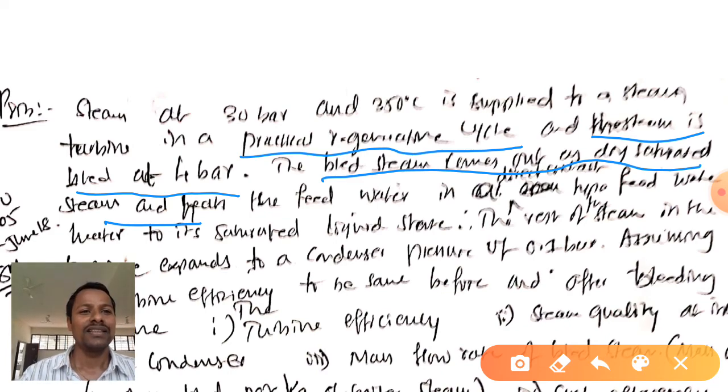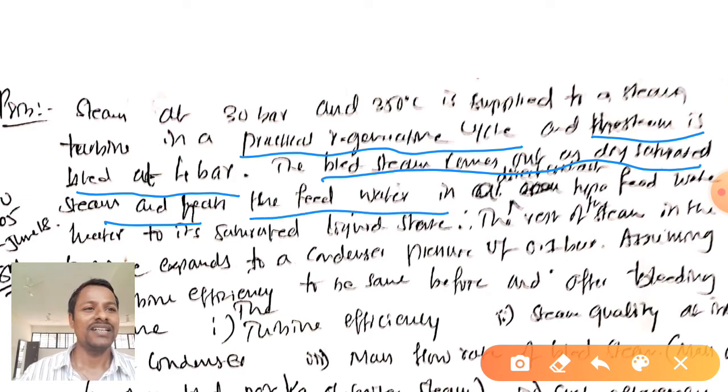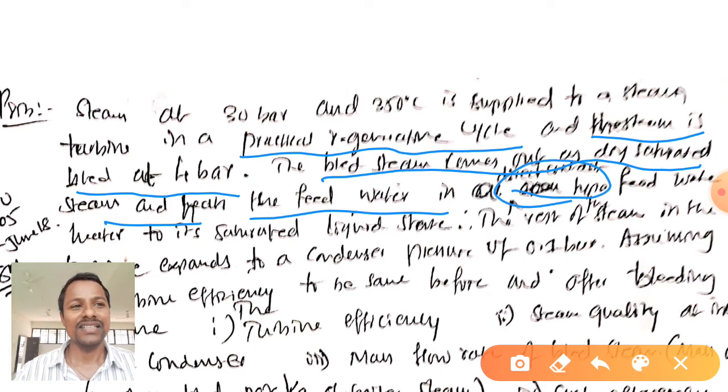Then the feed water enters the feed water heater in that same condition, and here the feed water heater is direct contact type. Direct contact type means both fluids mix with each other.